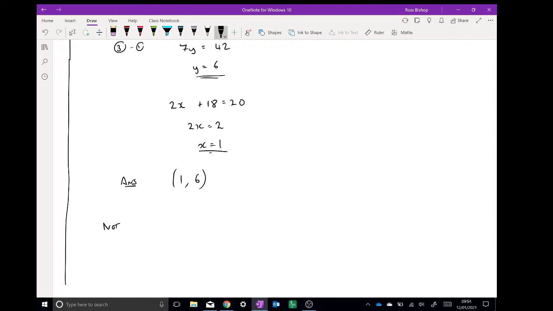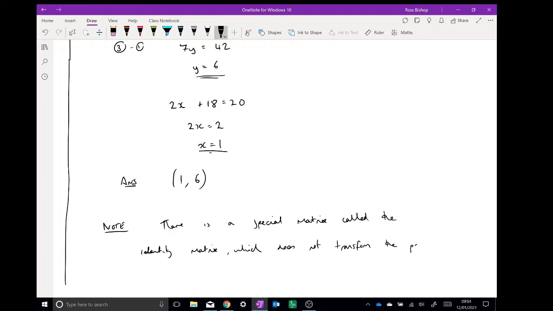Now there is one special matrix, called the identity matrix, which does not transform the points at all.